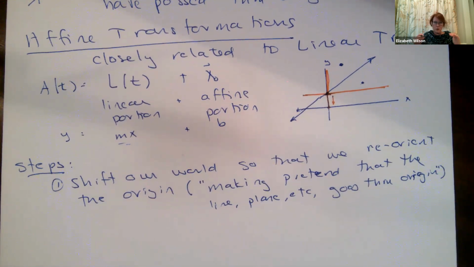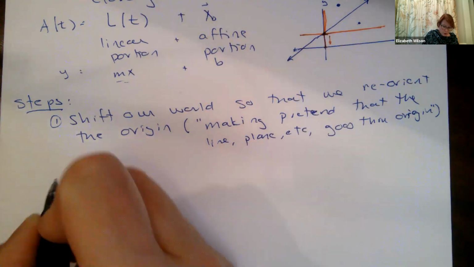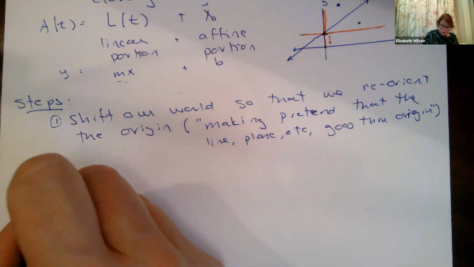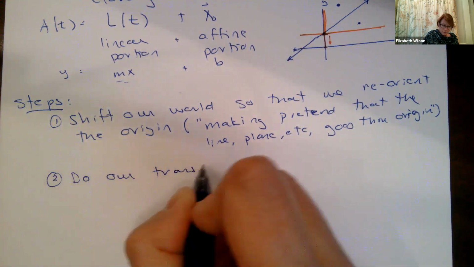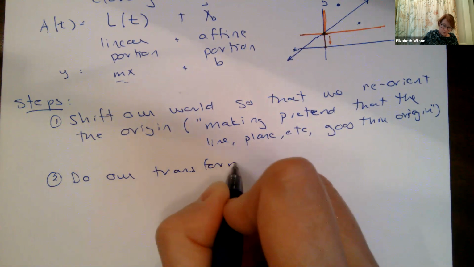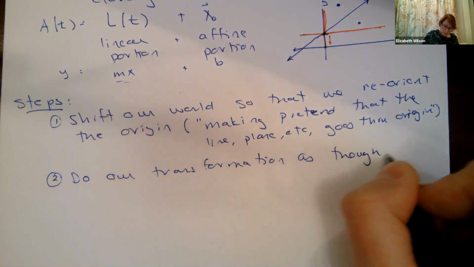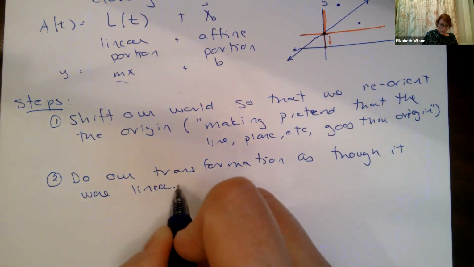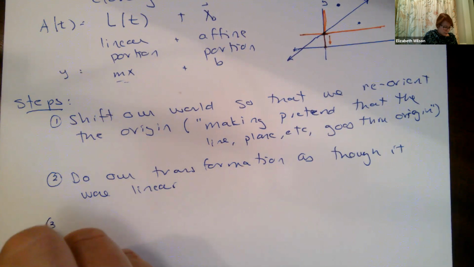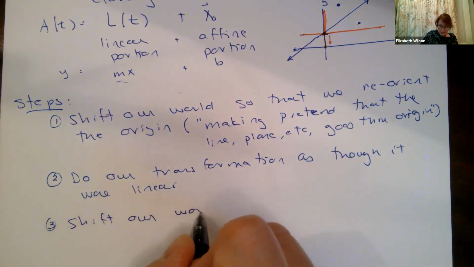So we shift our whole world. So our origin is now here, right? Then we do our transformation as though it were linear. So we're linear, right? And then we shift our world back. Our axis.